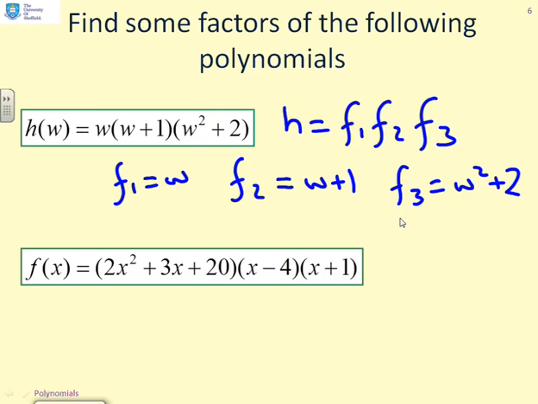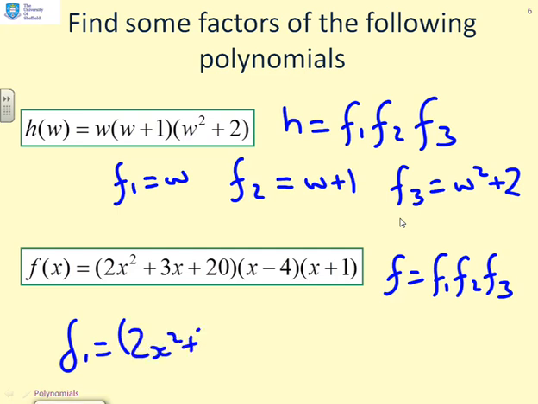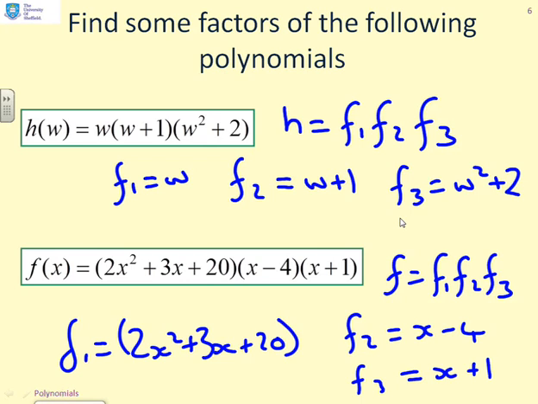F of x equals 2x squared plus 3x plus 20 times x minus 4 times x plus 1. And again, I can write this as f equals f1, f2, f3, where f1 equals 2x squared plus 3x plus 20, f2 equals x minus 4, and f3 equals x plus 1.